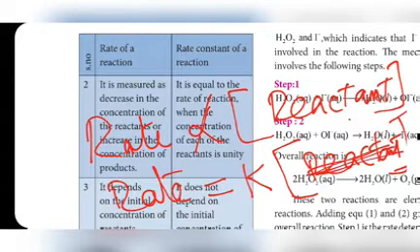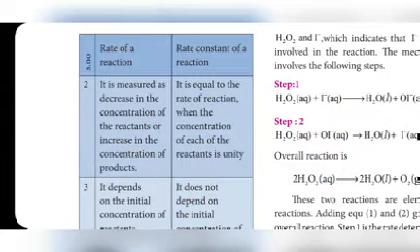So when the reactant concentration is 1, the rate constant is equal to rate, that only is given here. Rate constant is equal to rate of the reaction when concentration of each reactant is unity. Unity means 1.